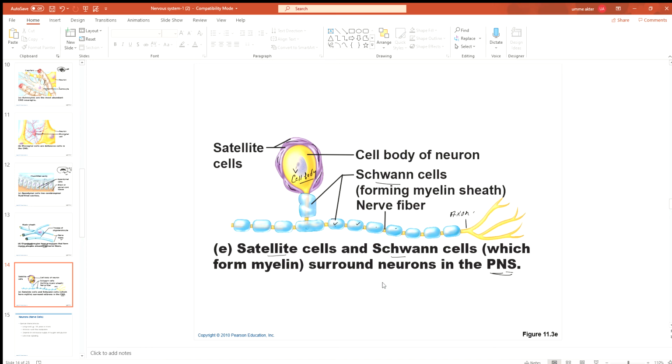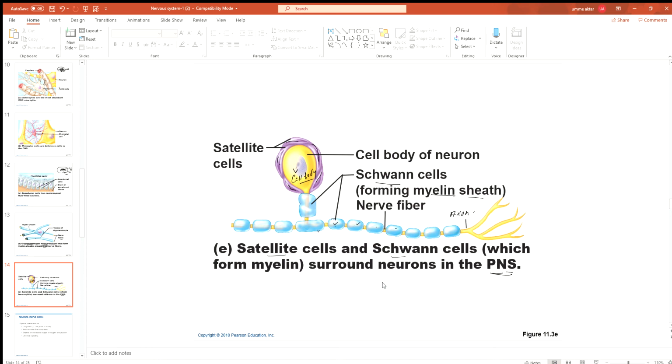Now, I mentioned that the main function of this covering or myelin sheath is to make the electrical signal transmission efficient.